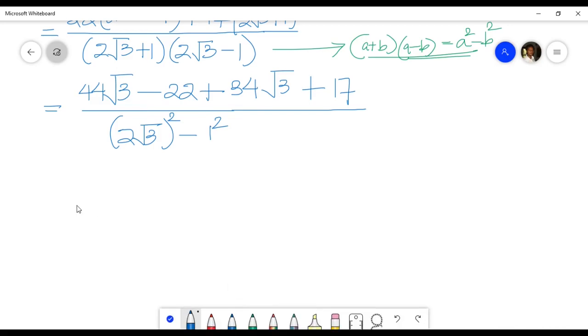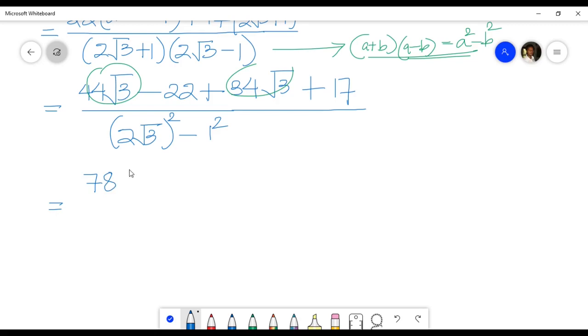We'll simplify the numerator further. Okay, now you can see there are two like terms, 44 root 3 and 34 root 3. So what we do is we will add 44 plus 34, and how much do we get? 78.